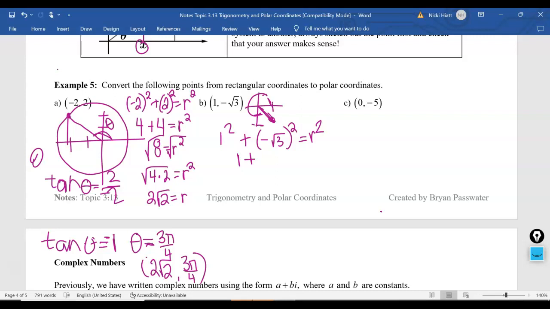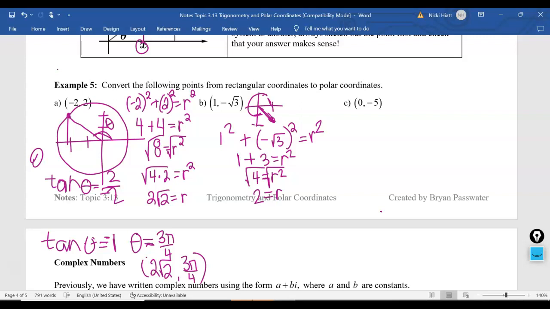Negative square root of 3 squared, the negative is going to go away when you square it. Squaring a square root, they cancel each other out, so you'll just get a 3 right there. That's going to equal our radius squared, and we'll get 4 equals our radius squared. We'll square root both sides and we'll get 2 for our radius there. So our r coordinate is going to be 2.